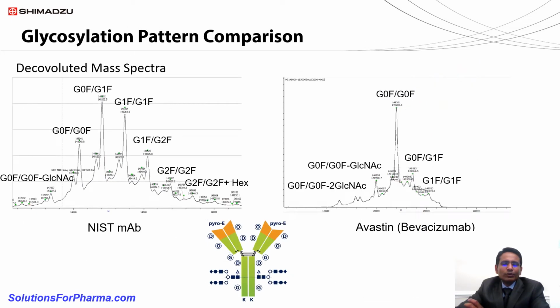Now, if we put two analyses side by side, which is deconvoluted mass spectra from NIST mAb, on the other hand, deconvoluted mass spectra from Avastin mAb, you can significantly see the difference. NIST mAb has a higher number of peaks and Avastin mAb has a fewer number of peaks. That means by using this protocol and method, you can significantly identify and separate different types of mAbs from each other.